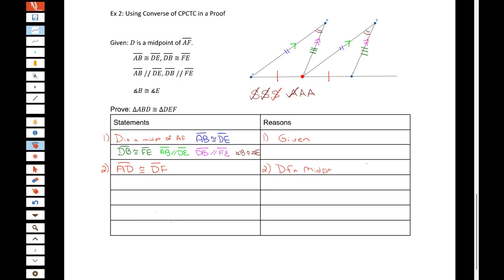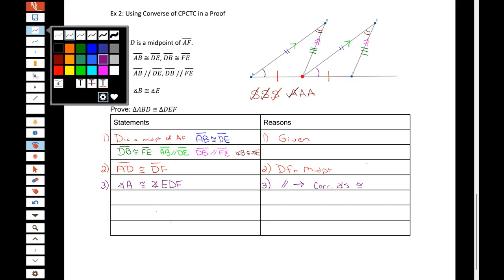There we go. All right, so I'm going to say angle A is congruent to the other angle I'm going to have to name with 3 letters, angle EDF. All right, and that's going to be because parallel lines imply corresponding angles congruent, or the corresponding angles theorem. You can call it the corresponding angles theorem.